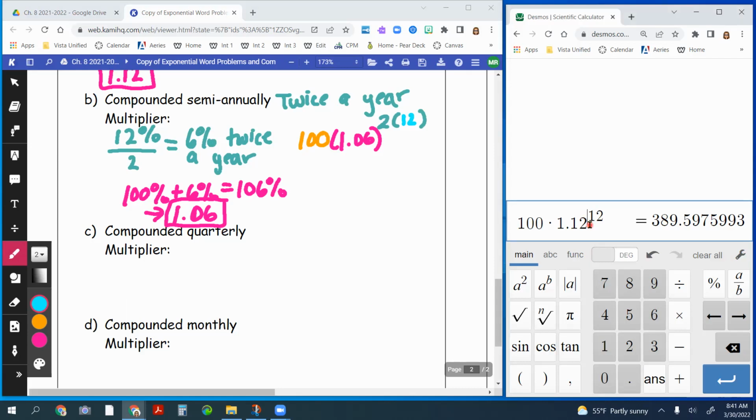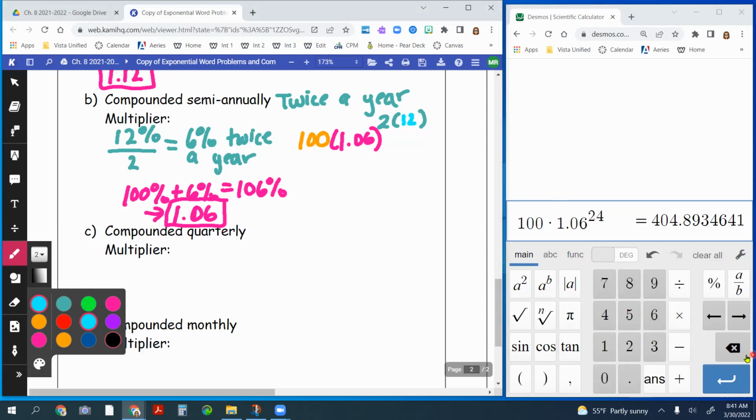So I'm going to change this to 100 times 1.06 raised to the power 24, 2 times a year for 12 years. So she gets interest 24 times.